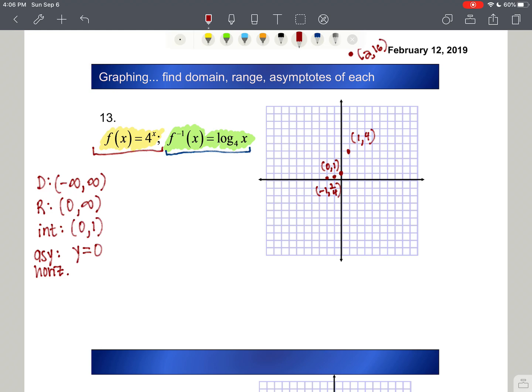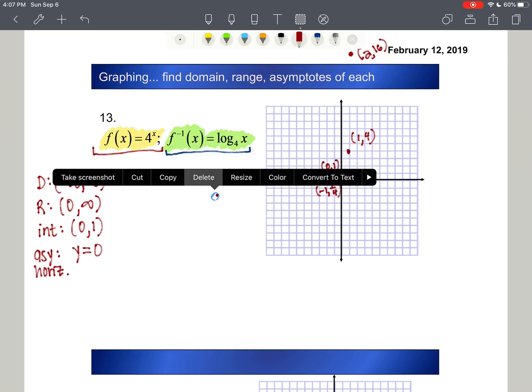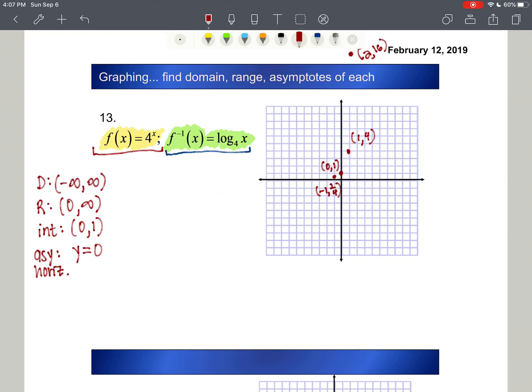That's that next point. And since I can't write the next ordered pair, I'm just going to delete that one, but I'm going to draw it. So we've got this beautiful exponential function, right? And it has a horizontal asymptote at y equals 0. I'm color coding. I picked yellow on purpose because yellow goes with the exponential function.